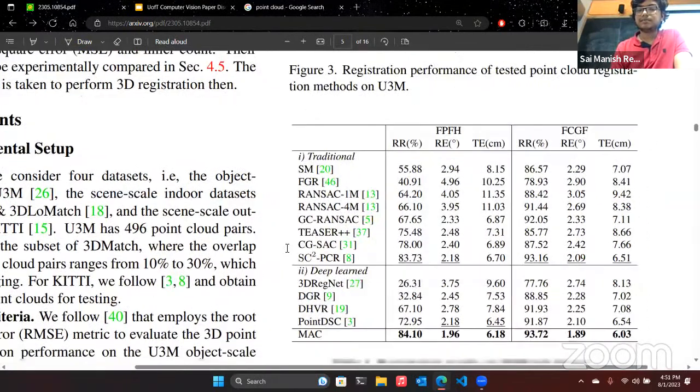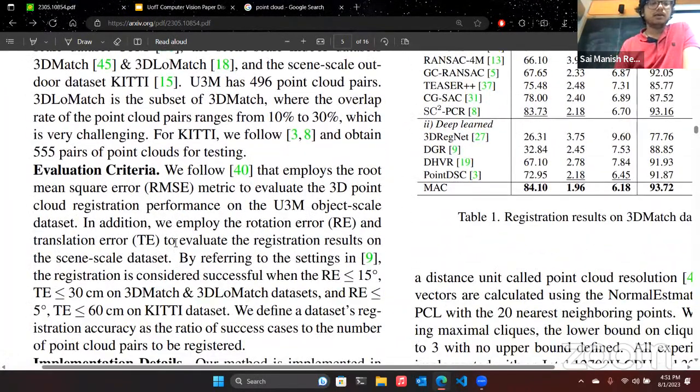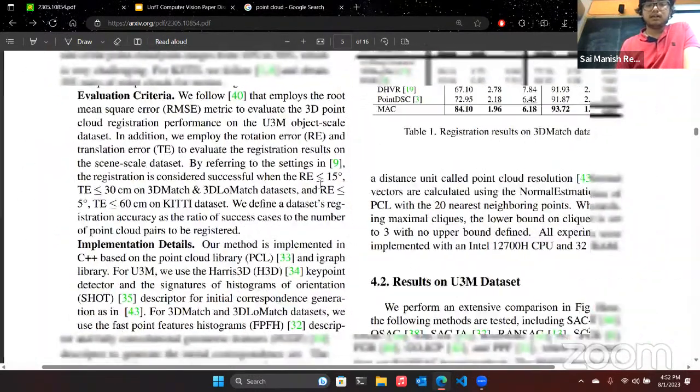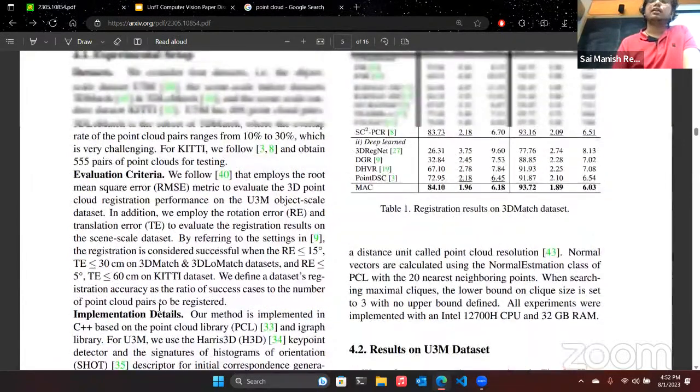These are the values of the fast point feature histograms and fully convolutional geometric features. Fast point feature histograms are basically the points you notice immediately after looking at the object. For example, with a duck, the skin of the duck may be the fast point features, and its inner body parts will be the fully convolutional geometric features.